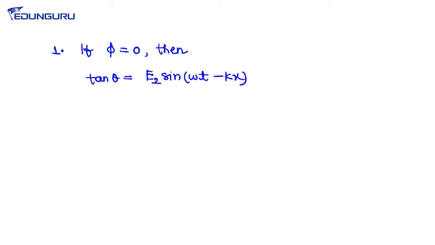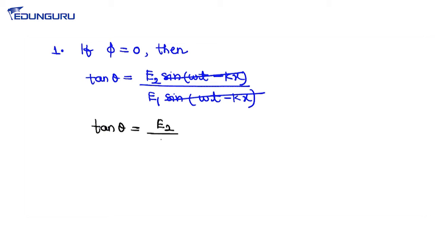Now let's take certain cases. First case: if phi is equal to 0, then tan theta is equal to E2 sine of omega t minus kx upon E1 sine of omega t minus kx. Now this cancels out, so we get tan theta equal to E2 by E1.